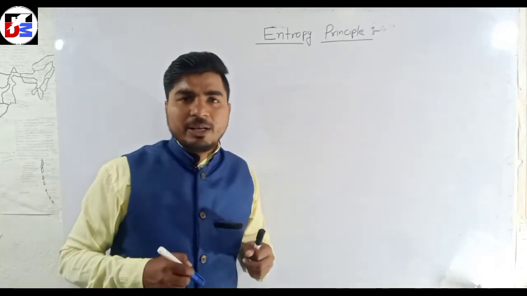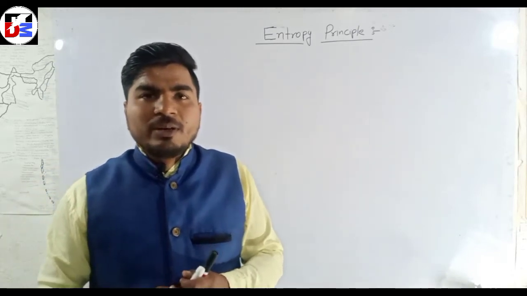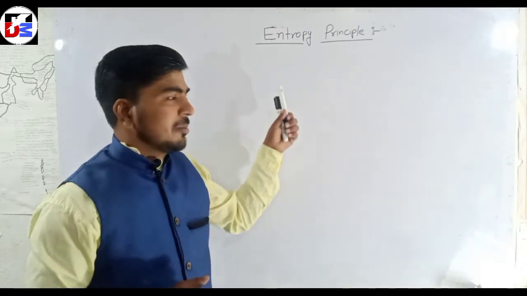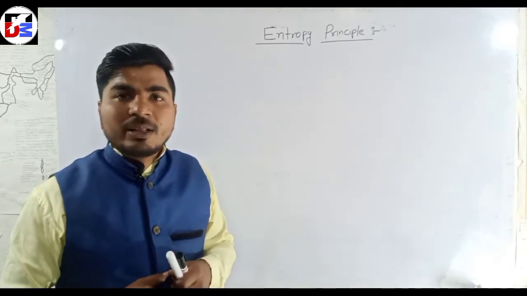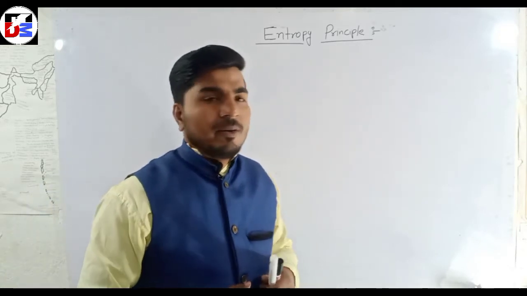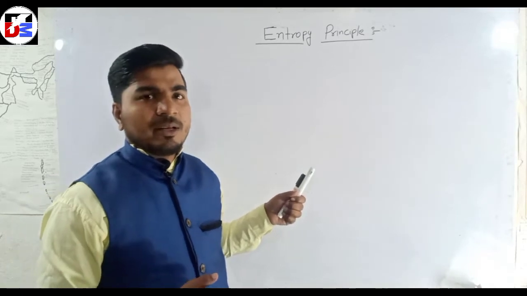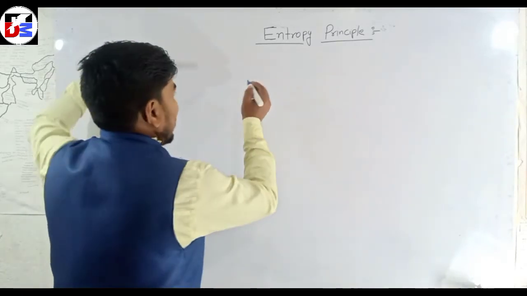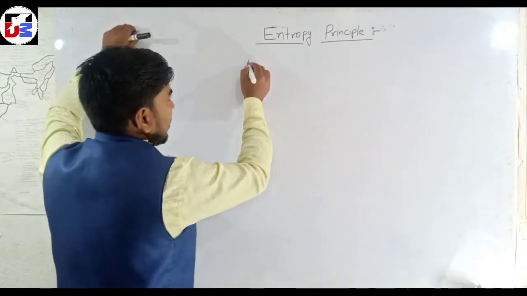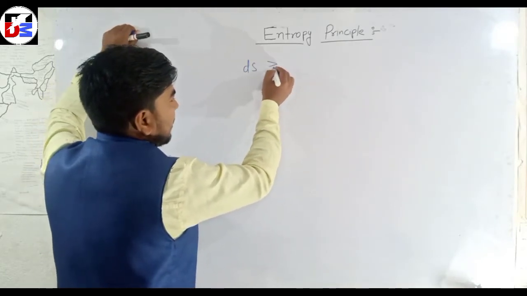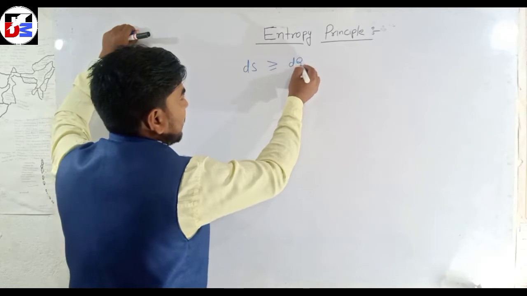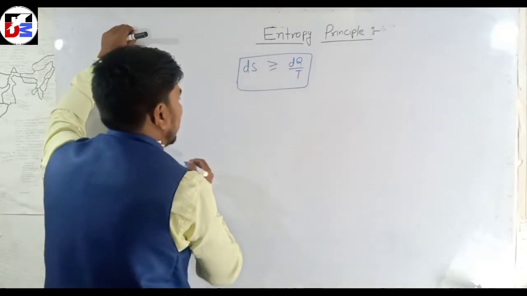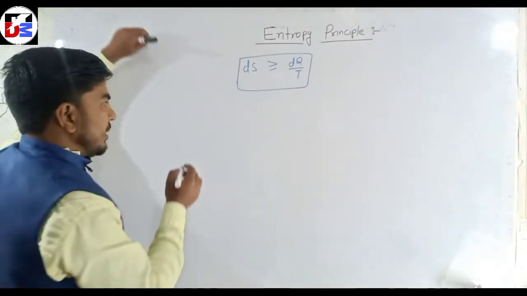What is the entropy principle? How is the entropy of the universe increasing? This principle says that the entropy of the universe always increases. How is it possible? We got in the last topic dS is greater than or equal to dQ by T. Suppose we take an isolated system.